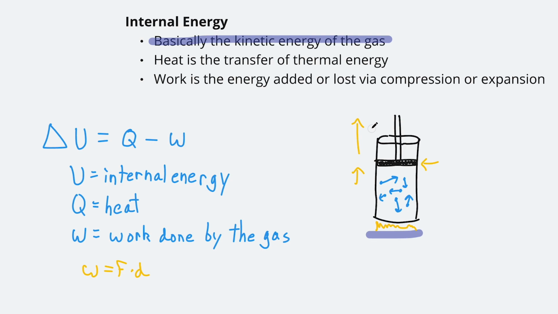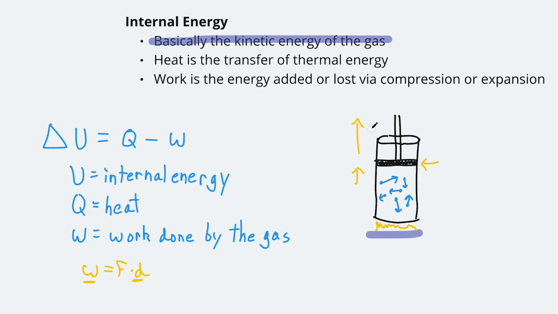So if that gas and that piston expands, it exerts a force on that piston, and then whenever the piston moves up, that force gets multiplied by the distance the piston moves, which then gives you the term work, and that is how much work the gas did on the piston. And whatever value that is, that gas lost that much energy.